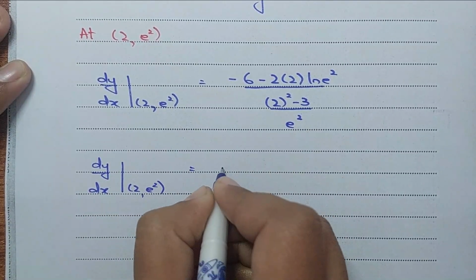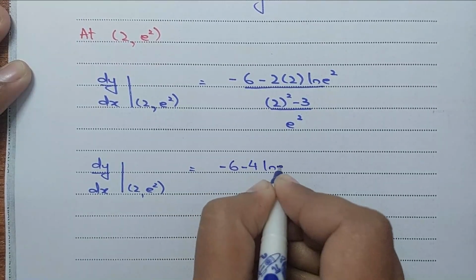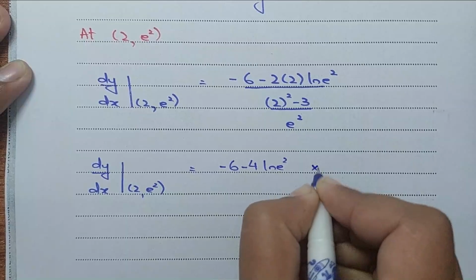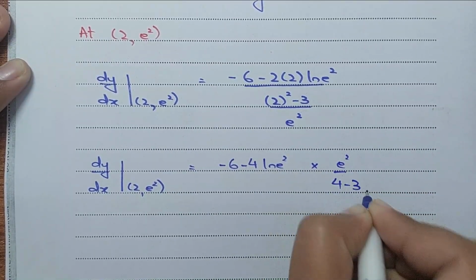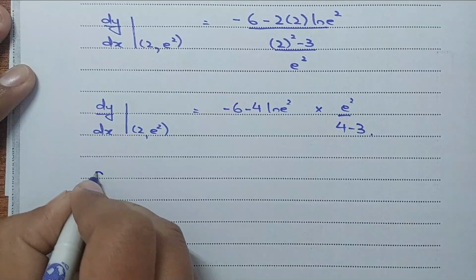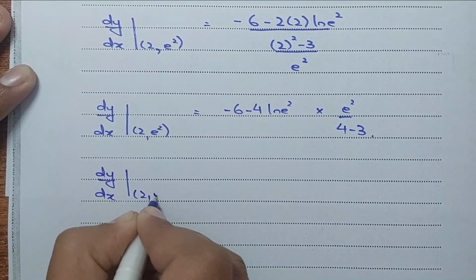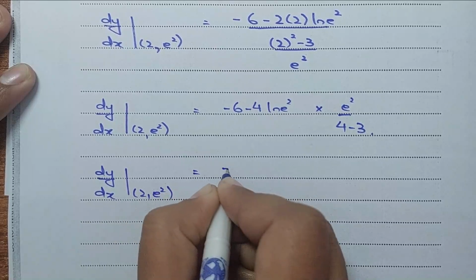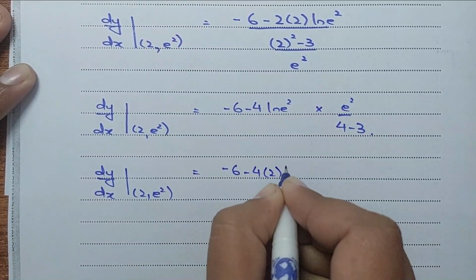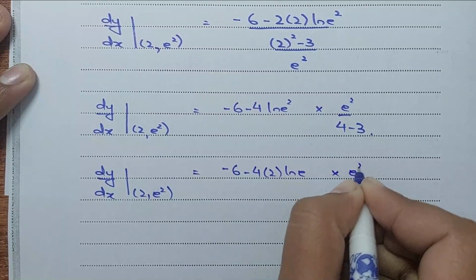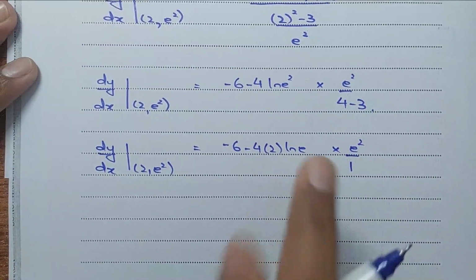This becomes minus 6 minus 4 natural log e², multiplied by the reciprocal, e² over (4 minus 3). Now dy/dx at (2, e²) is minus 6 minus 4 natural log of e² over 1. Natural log of e is just 1.